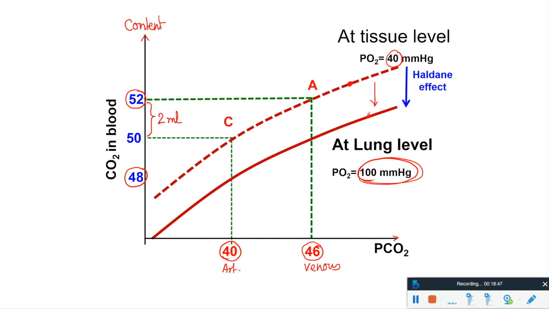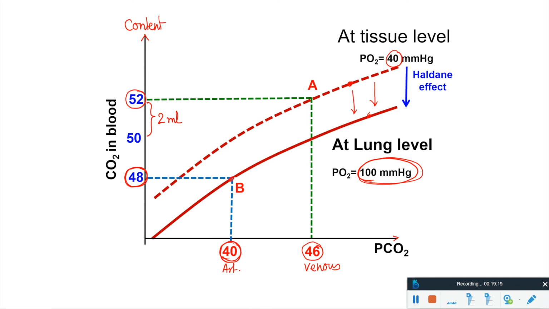Now if we draw a perpendicular on this new curve, see here, the perpendicular touches the y-axis at the value 48. That means when the partial pressure of carbon dioxide is 40, the content of carbon dioxide is 48 ml, and this is happening due to the downward shifting of this curve.